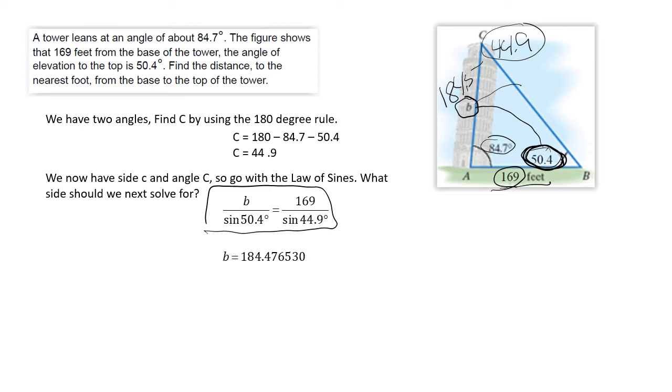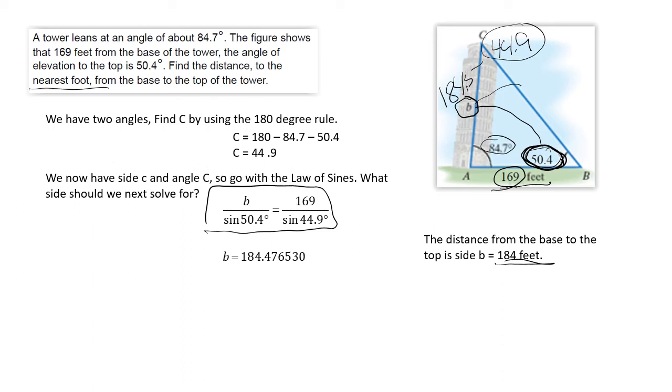Again, we'll talk about rounding at the end. We avoid rounding during the intermediate work here. So we have side B. That is actually the side we're looking for. So the answer to the problem is 184 feet, because they wanted us to round to the nearest foot.